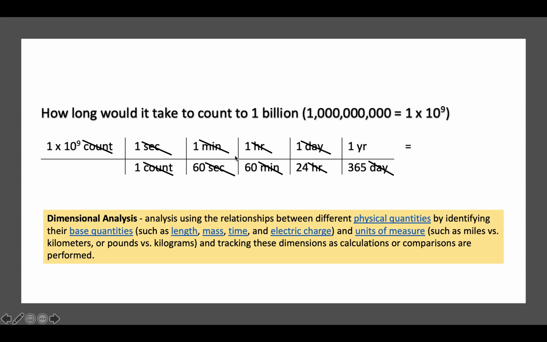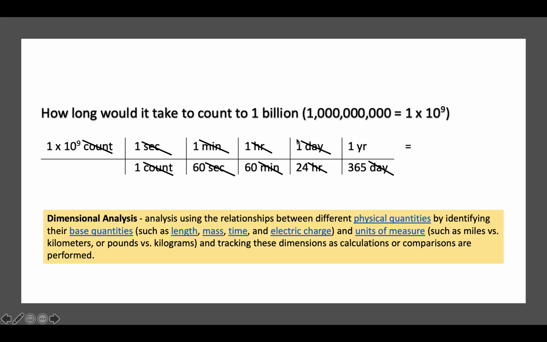So along the way, we've used conversion factors that we know are true. We made this first assumption over here of a second per count, and now that we have just the final unit, we're agreed that a year is something we can conceive, we can get our mind around.